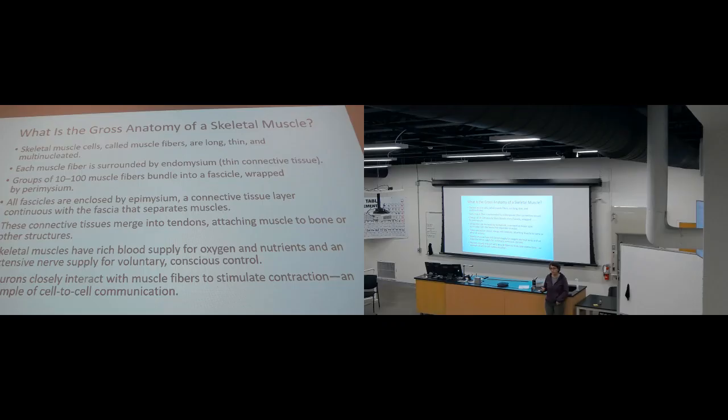So this somatic nervous system controls the contraction of our muscles by voluntary control. And then when these neurons closely interact with the muscle fibers, they stimulate muscle contraction. So this is an example of cell-cell interaction. You have a neuron communicating with a muscle cell.